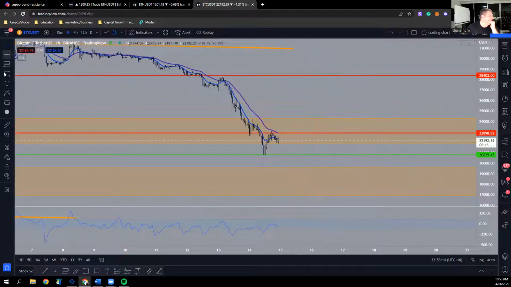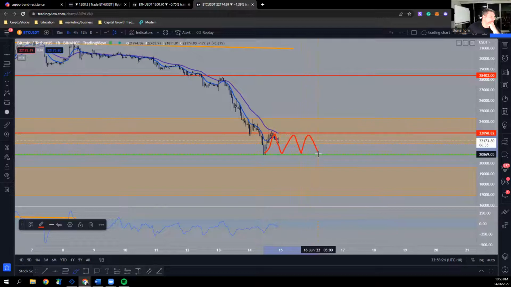All right. So from this point on, all I'm looking for is two things here. We either create a resistance and support channel, and then we either create the lower high and then we break down and push out, or we create a little bit of a triangle and then we break down, or break back up. That's one option.